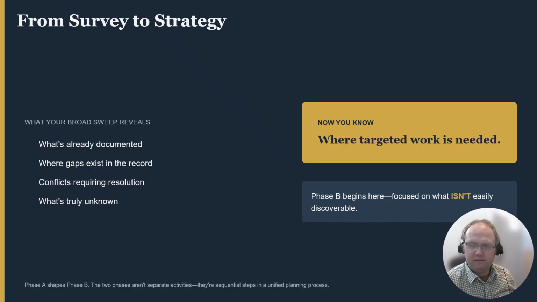So if your sweep shows military service well documented with attached pension file images, you don't need to prioritize ordering anything from NARA for U.S. research. But if you find conflicting regiment information in indexes with no further original records, then it becomes a higher priority.